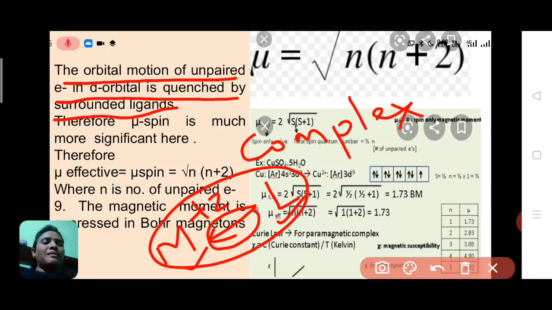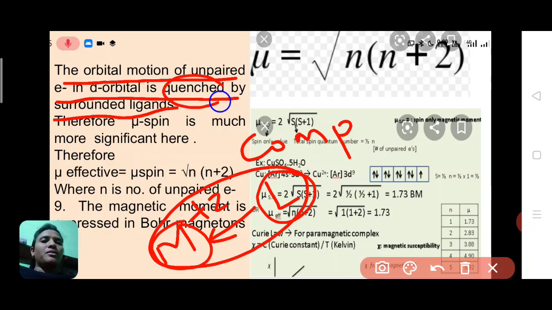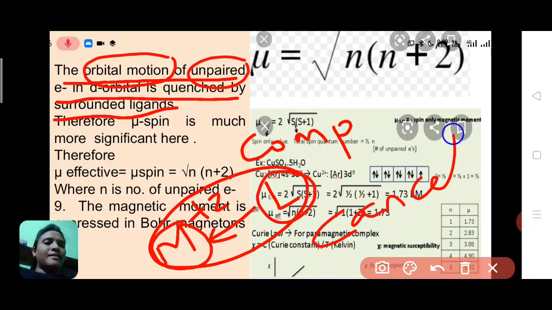So when this metal is surrounded by these ligands, the ligands quench the orbital motion. Quench what? Orbital motion of the unpaired electrons. Okay, see, quench means cancelling. Quench means cancel.